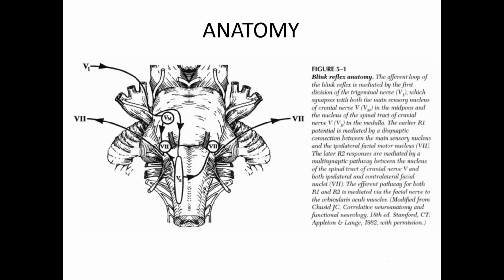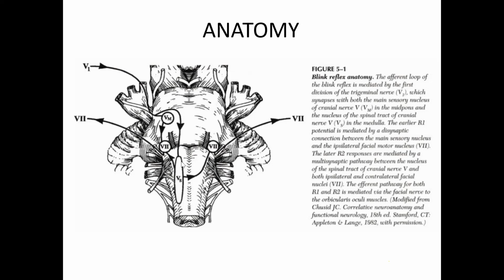In the blink reflex, the first division of the trigeminal nerve, V1, carries the afferent response, and then it synapses with the main principal sensory nucleus of the fifth cranial nerve in the mid pons, and the nucleus of the spinal tract of the trigeminal nerve in the medulla. And then what happens from here?